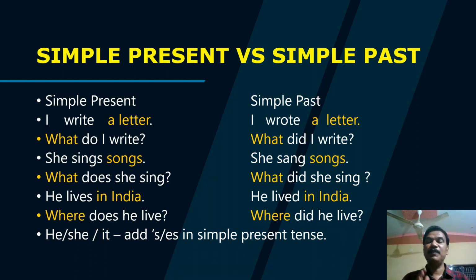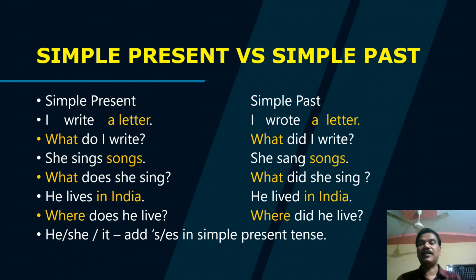Simple present, simple past. I write a letter. Study carefully. Write is present tense. In the table I showed you, if there is write, do comes. Writes, does comes. So a letter is underlined. We already learned in the questioning skill that if there is a thing, an object or a subject, we use only what.